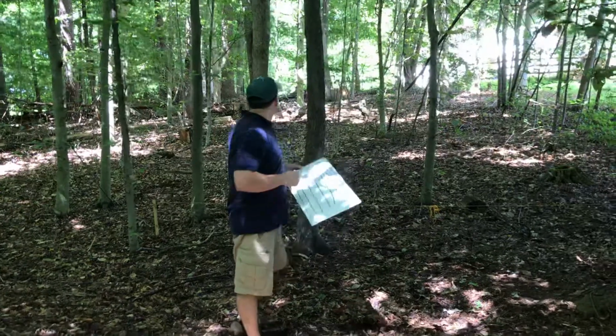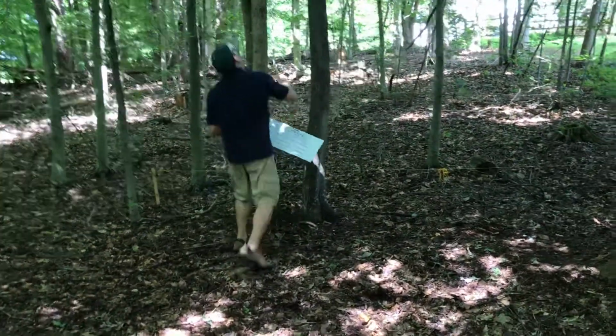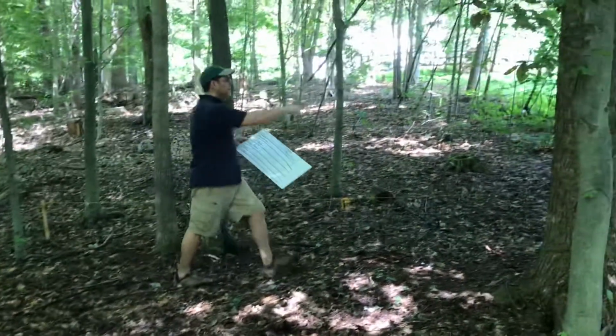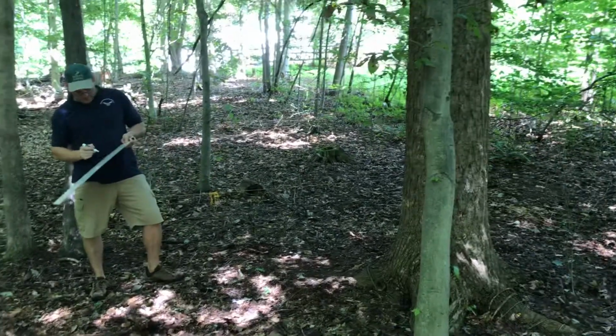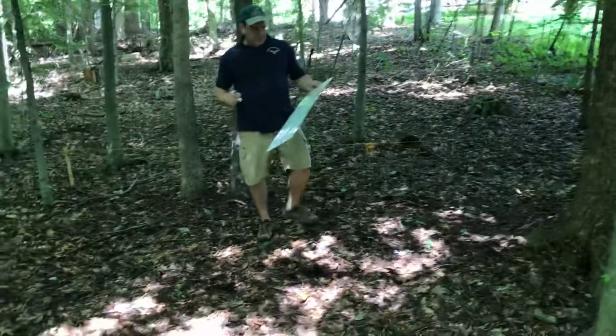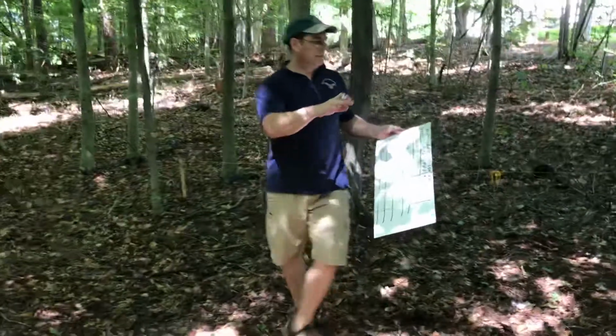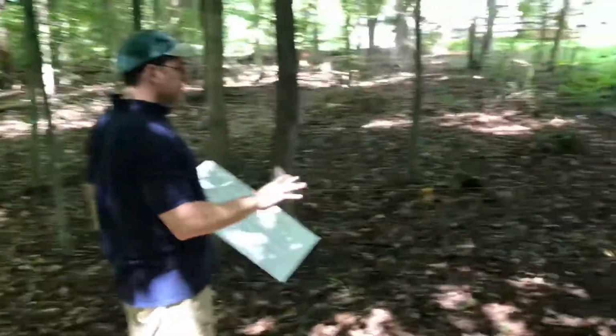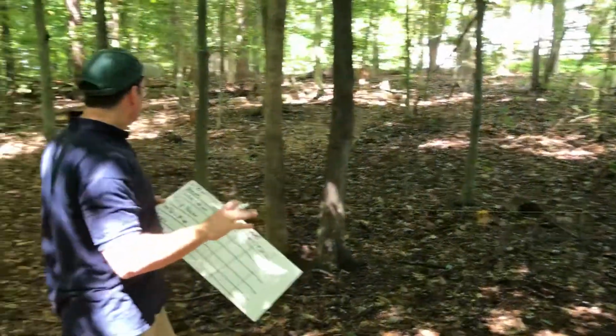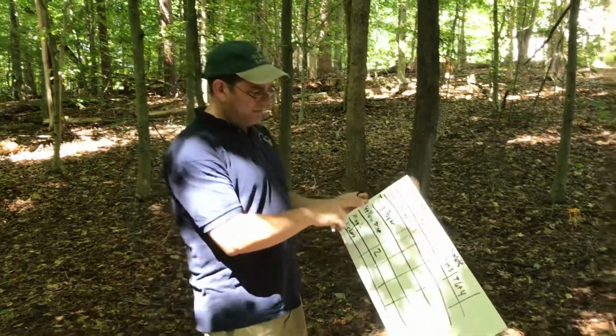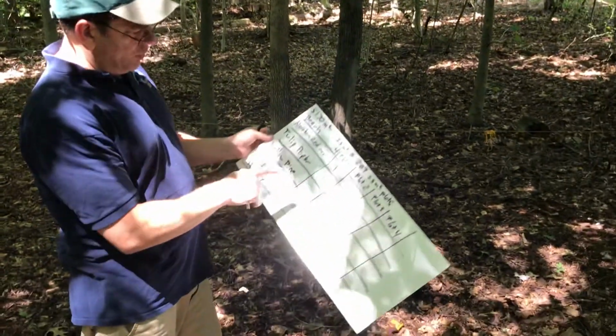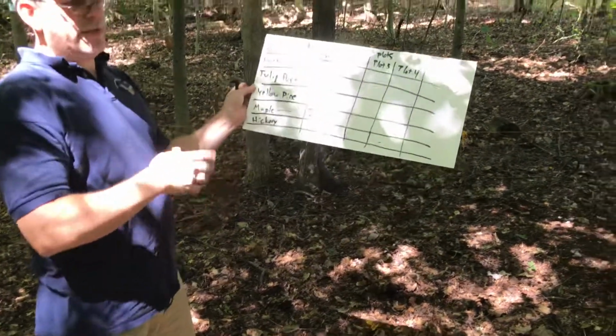Another common one around here is a maple. This is a maple. That's a maple. We've got 2 maples in this plot. Hickories, we don't have any. And I think in this 25 square meter plot, those are the trees we have. We have 4 beech trees, 1 northern red oak, 1 tulip poplar, and 2 maples in this plot.